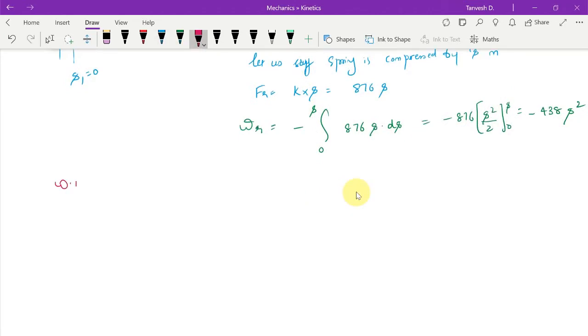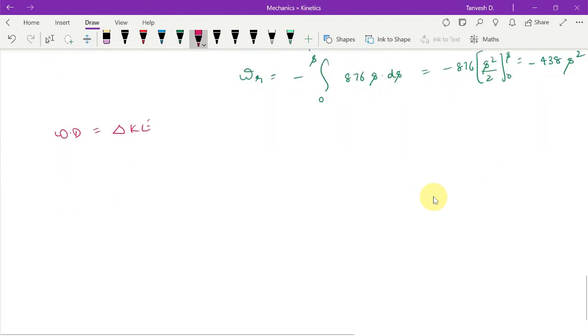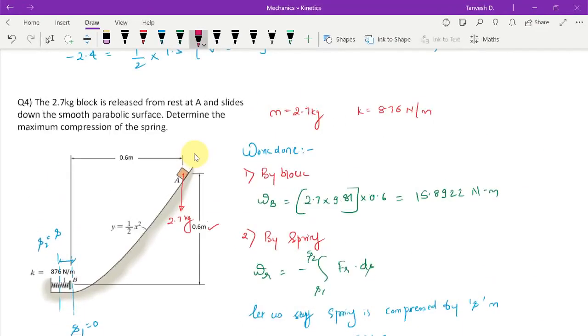So we have work done is equal to change in the kinetic energy. So it is 15.8922 minus 438 S square is equal to half into 2.7 into, now see what is happening is it is being released from rest, hence we can say U is equal to 0, and when it slides down and the spring gets compressed by S meters, okay, this is where we need to end our numerical.